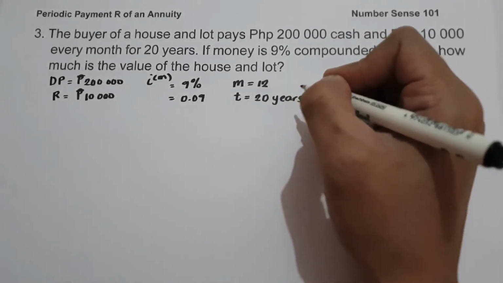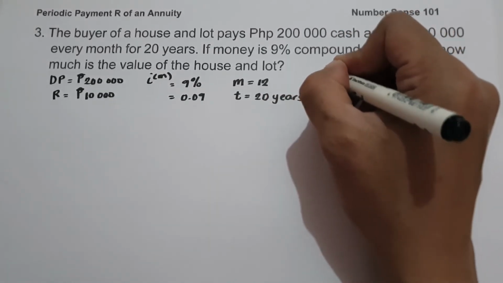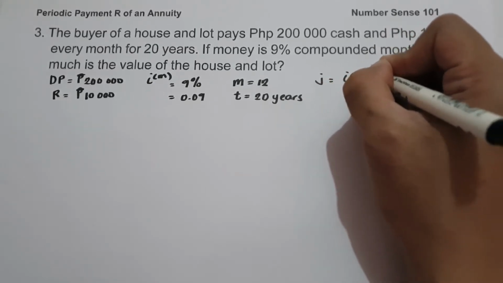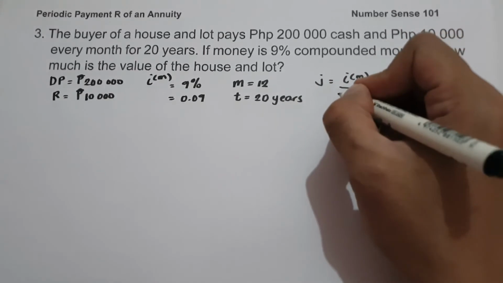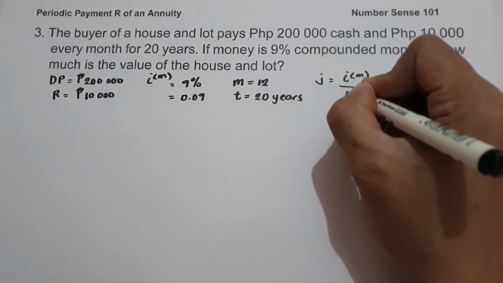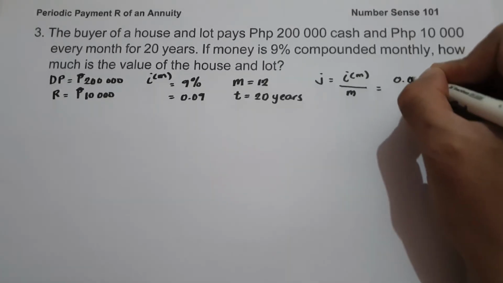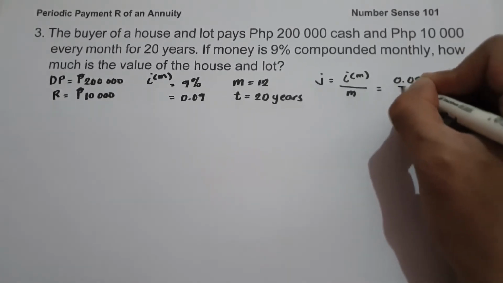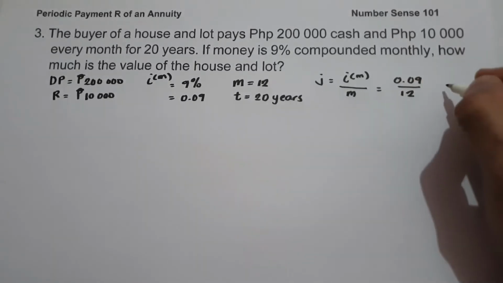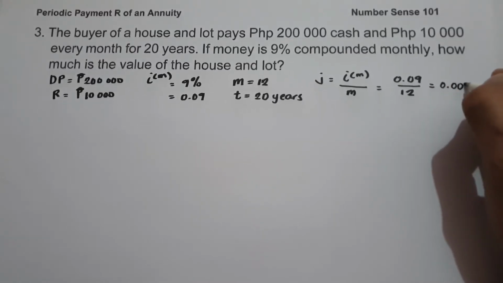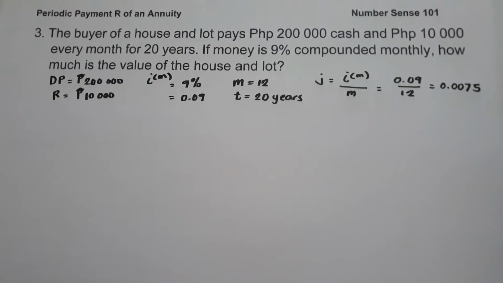To determine the interest rate per period, we are going to use the formula J equals the annual rate divided by number of conversion period in a year, that is M. So let us have 0.09 divided by 12. It will give us 0.0075.